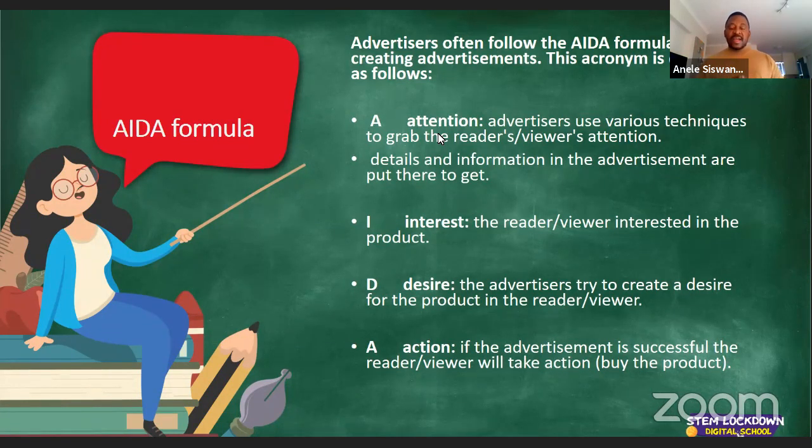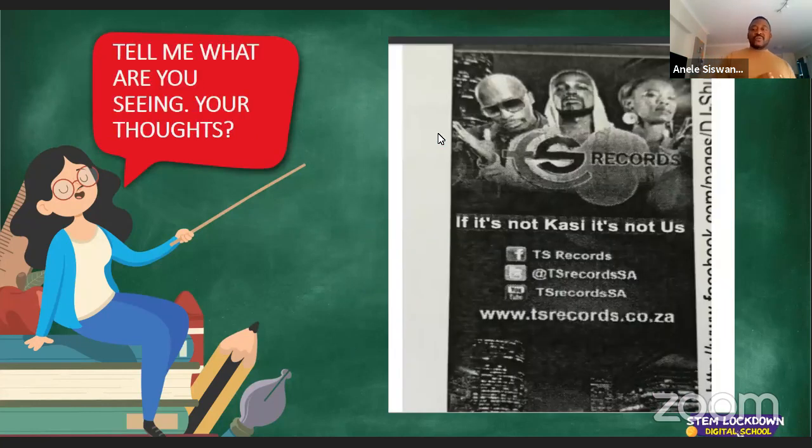D is for desire: advertisers try to create a desire for the product in the reader or viewer. And then action. I'm just quickly touching back on those things for those who are new in the group, just for them to be acquainted. This is our practice so that we can all be at the same level of understanding.